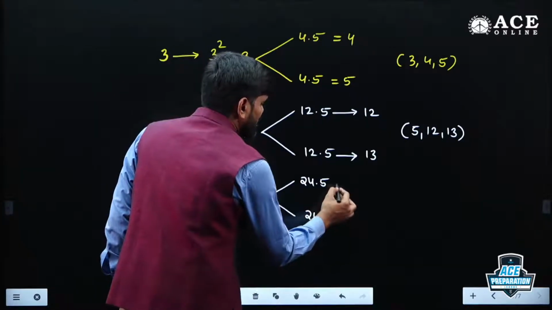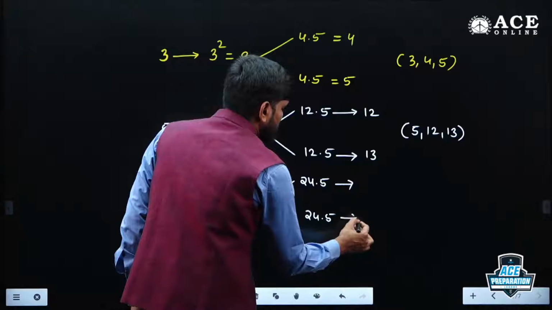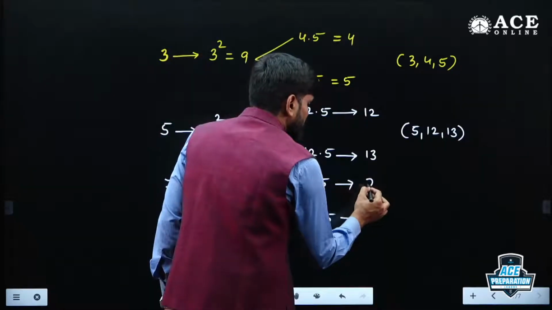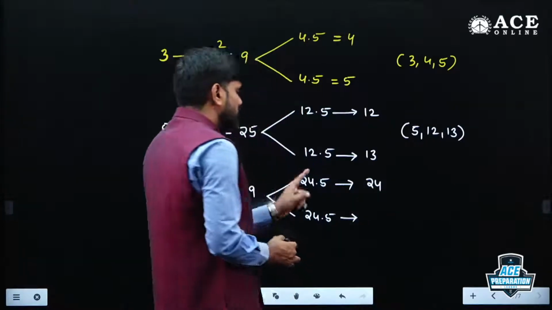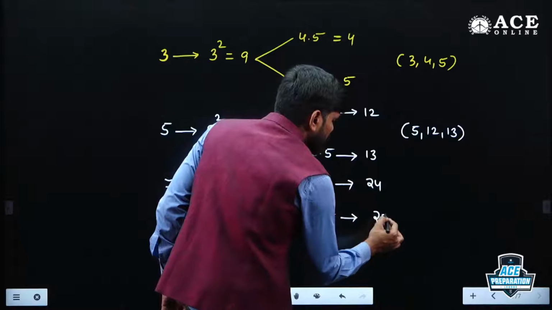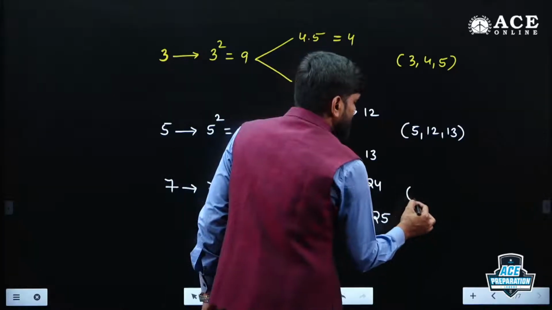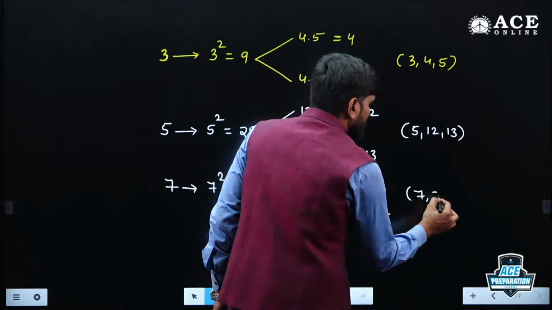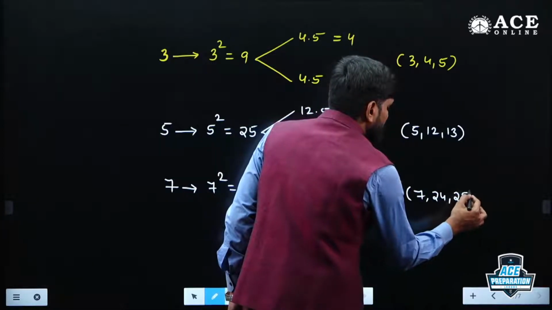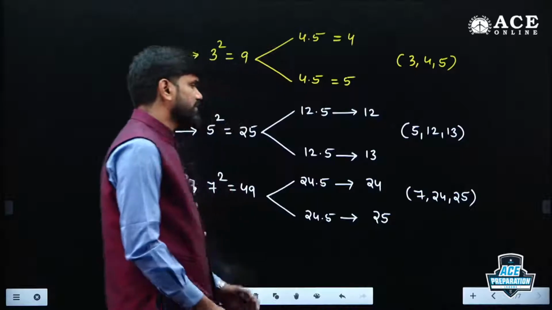To find the Pythagorean triplet over here, as I already told you, remove 0.5 from the first term and add that 0.5 to the second term. That will become 25. Hence, the next Pythagorean triplet will be 7, 24, 25.